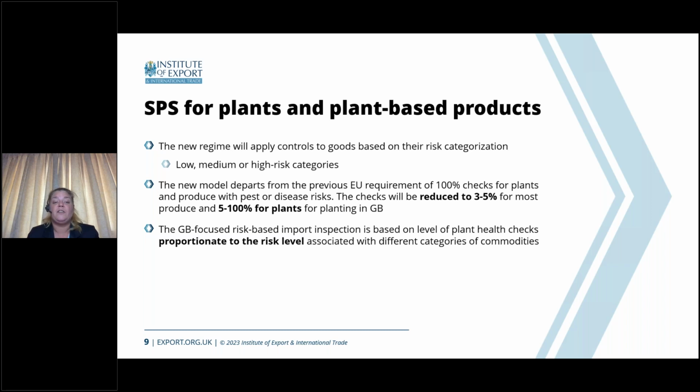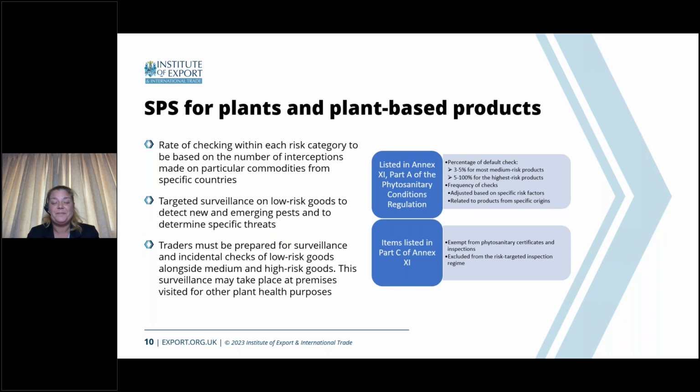We are really focused in Great Britain on risk-based imports, and that's not just on the actual product or the plant species themselves, that's also on the origin of those goods, where those goods are coming from within international trade. So it's essential to understand the requirements for your phytosanitary certificate, but it's also essential to understand the rule of origin of your goods and to be able to provide that as evidence as well.